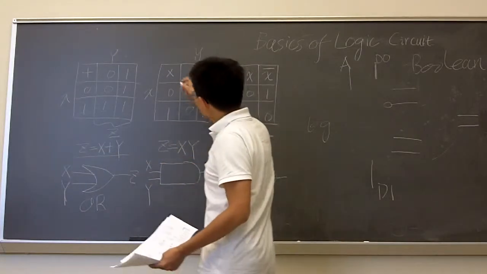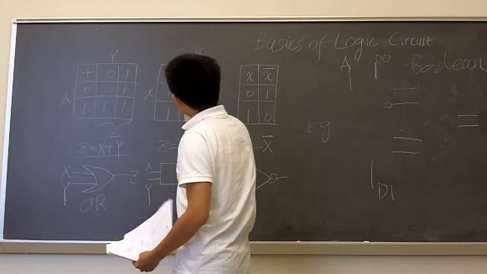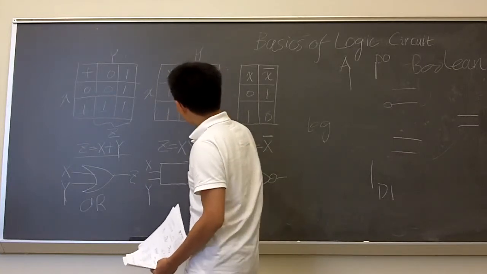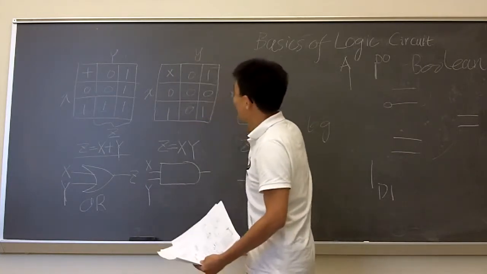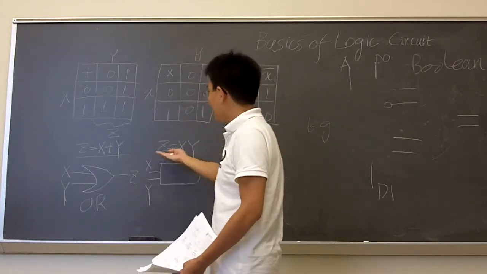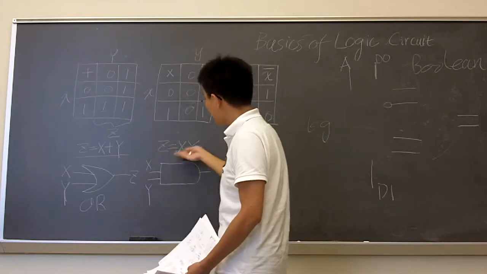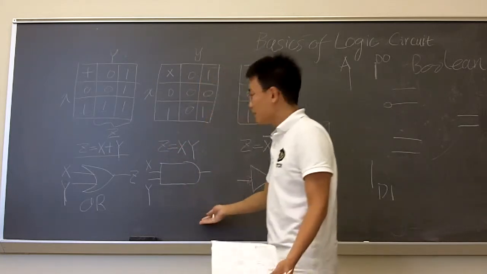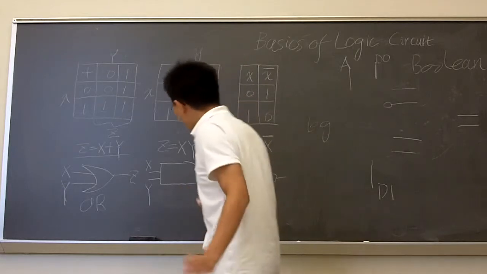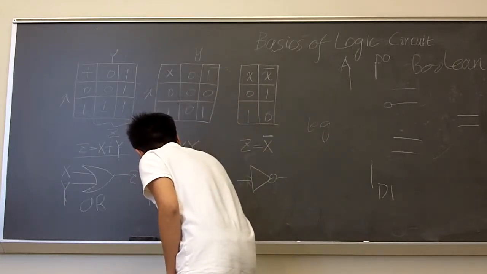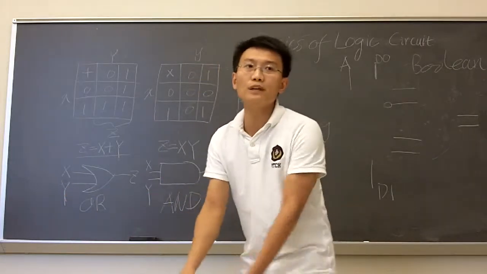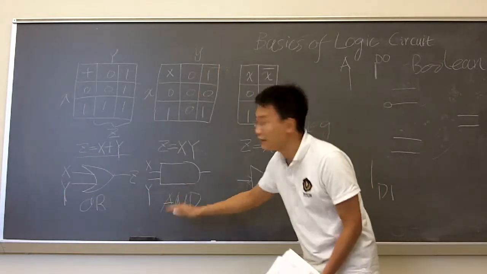This is multiplication. 0 times 0 is 0, 1 times 0 is 0, 1 times 1 is 1. The second representation is the equation z equals x times y. The third is the device, and we call it an AND gate. Is there anyone who can tell me why we call it an AND gate?